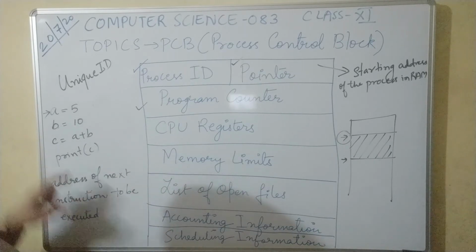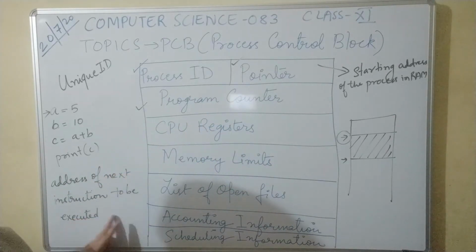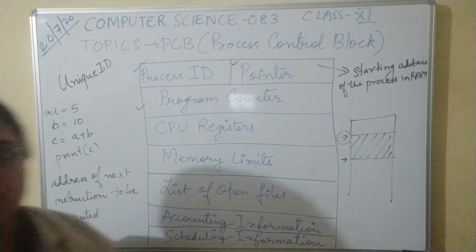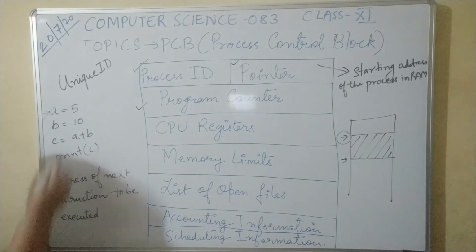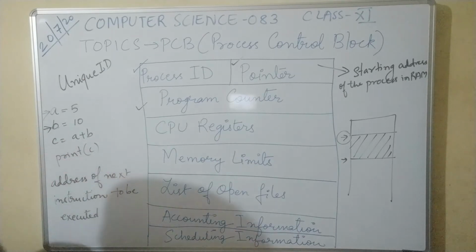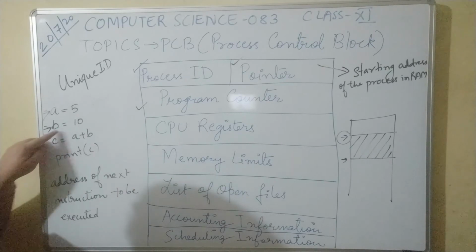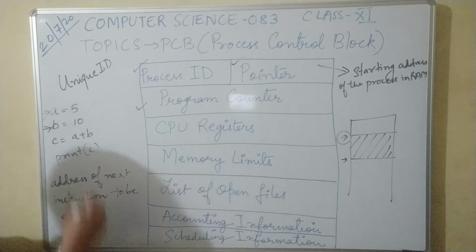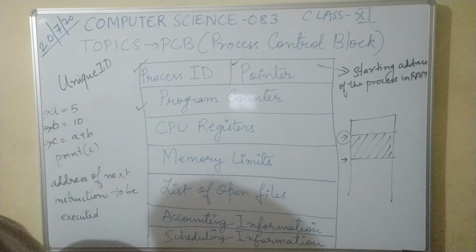Understood? So this is what a program counter contains, the address of the next instruction which is to be executed. That is, the moment this statement is executed, the program counter will get incremented and it will store the address of the next instruction, that is b equals 10. This gets executed, it will store the address of the next instruction and so on.